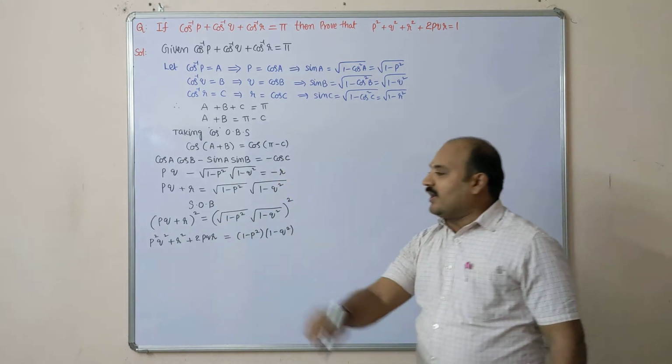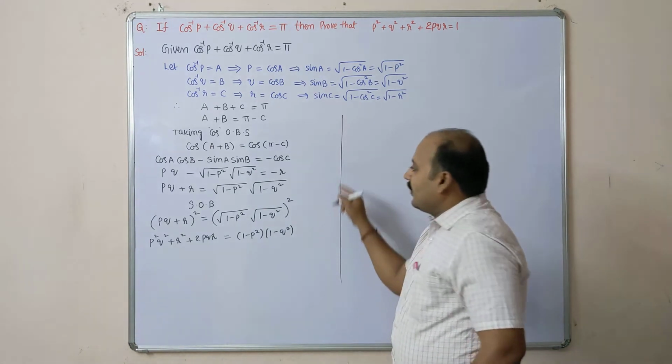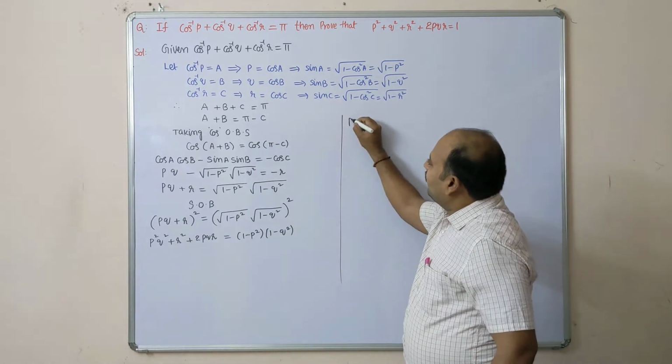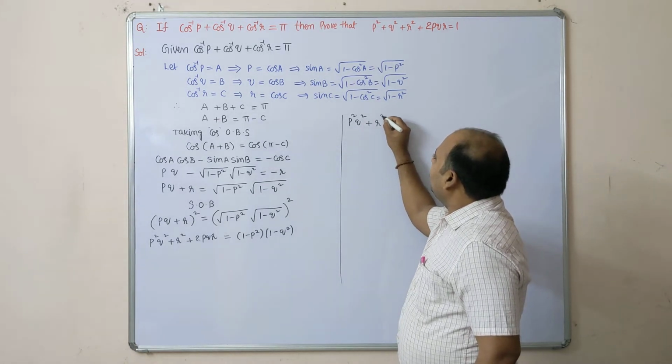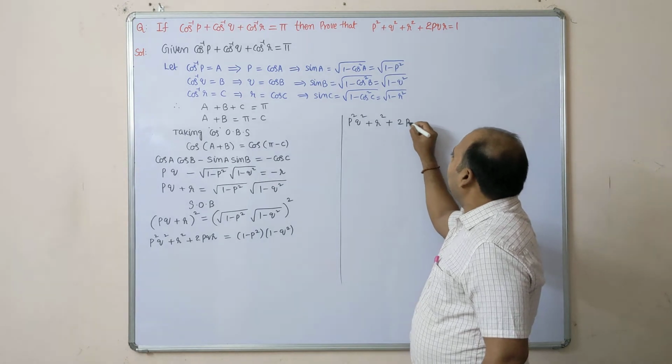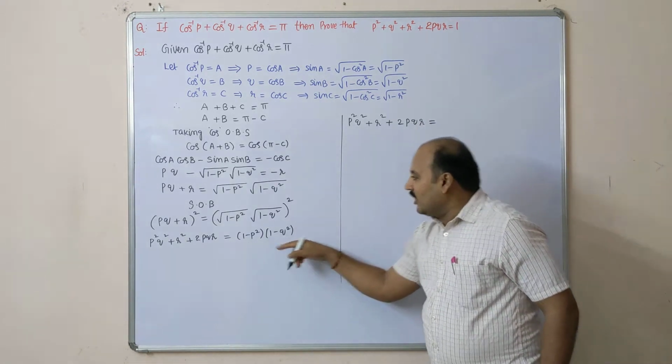Here the root and square cancelled, dear students. The remaining I am explaining here: P square Q square plus R square plus 2PQR is equal to the actual multiplication of 1 minus P square and 1 minus Q square.